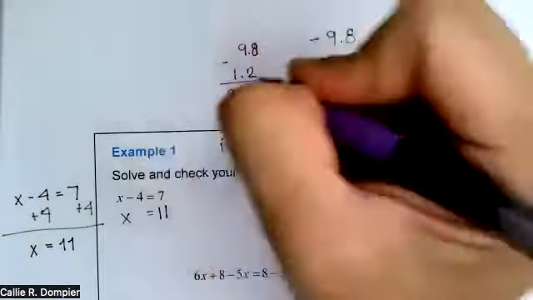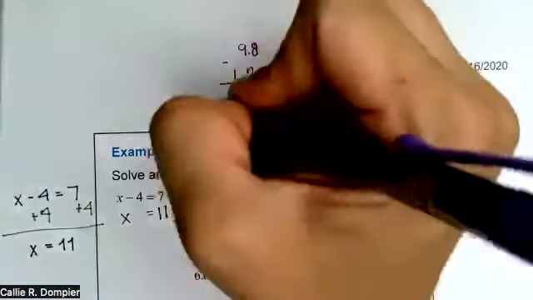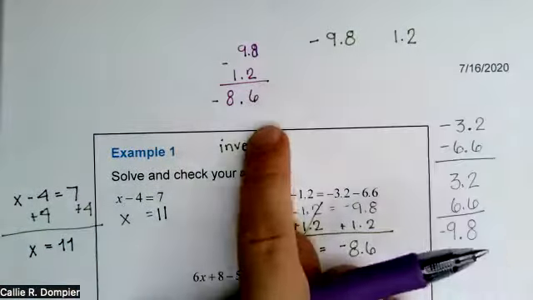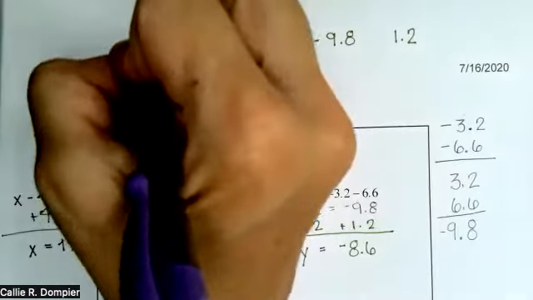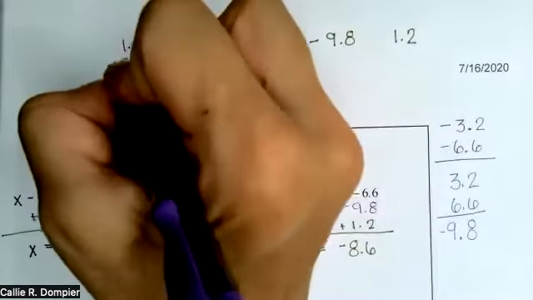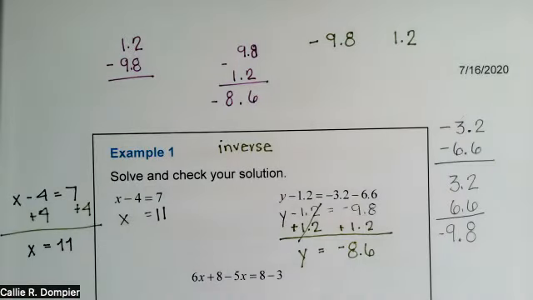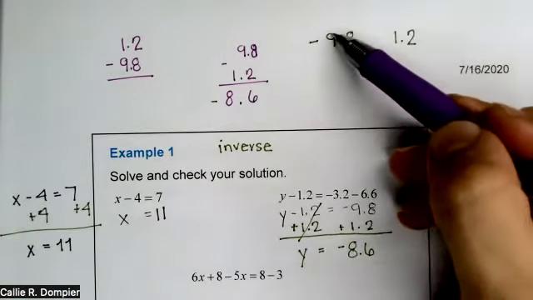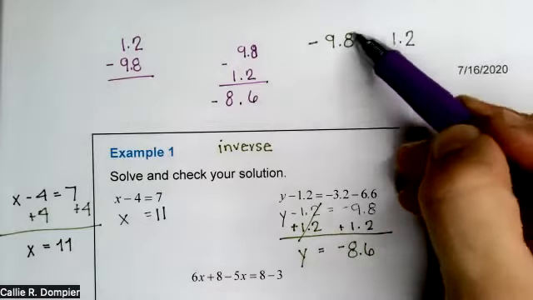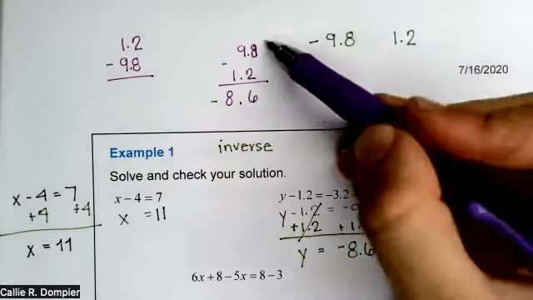Good. And then because that was a negative, this becomes a negative. However, if you put 1.2 and you subtract 9.8 by hand, you will not get negative 8.6. So make sure if you're doing it by hand, you're choosing the bigger integers on top.